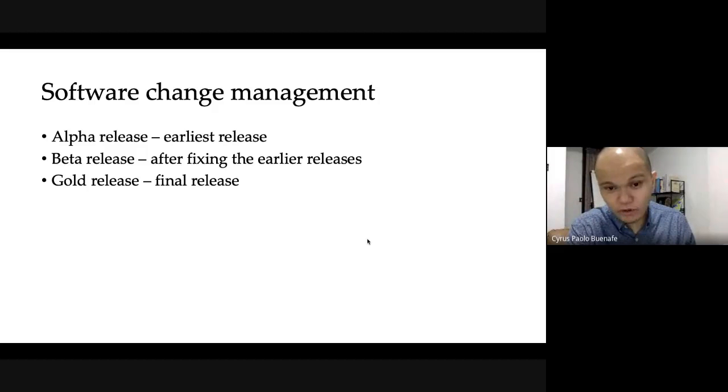Now, a question comes up: how many releases can we do, or how many releases should we be doing? Three, based on this list. Do we do more? Do we do less? There's no hard and fast rule on the number of releases that you should be doing, right? Definitely, you need to have an alpha release. You have to come up with something, right?